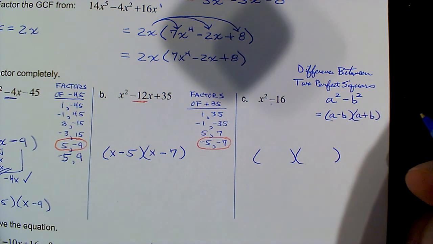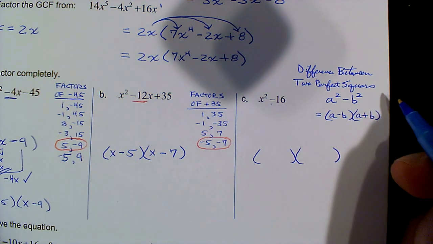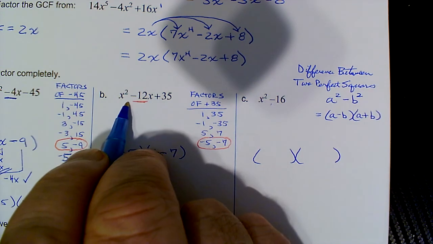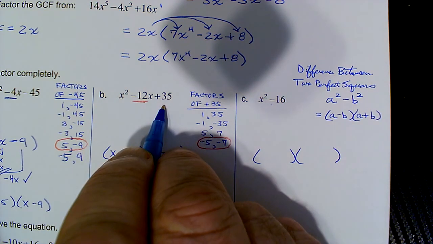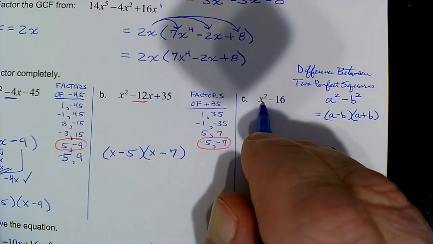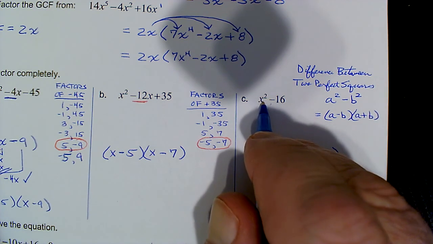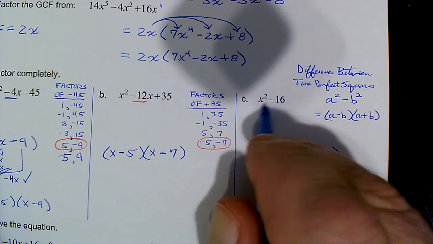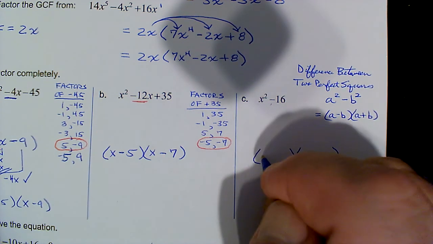They occur quite often, and you can recognize them easily because, to begin with, there's not 3 terms like the previous examples. There's only 2, and it's quadratic because it's a squared term. And just look for the difference of perfect squares.